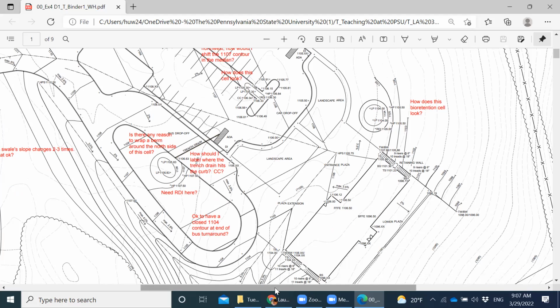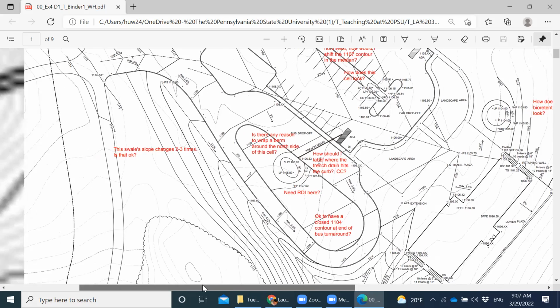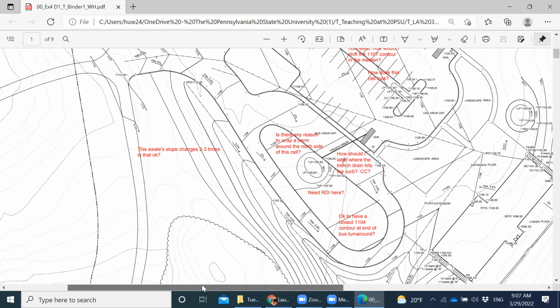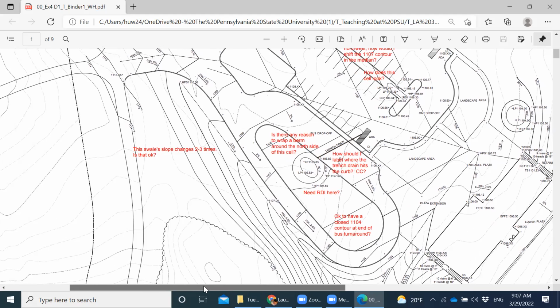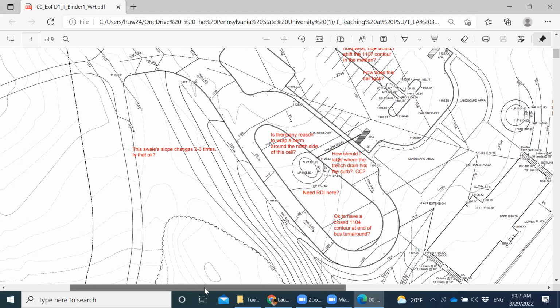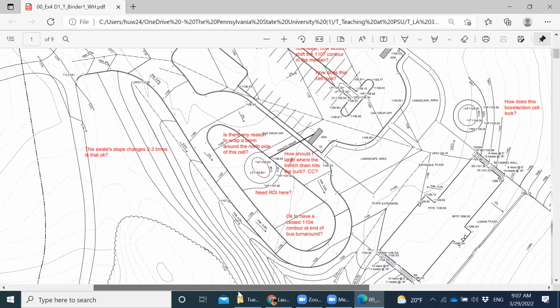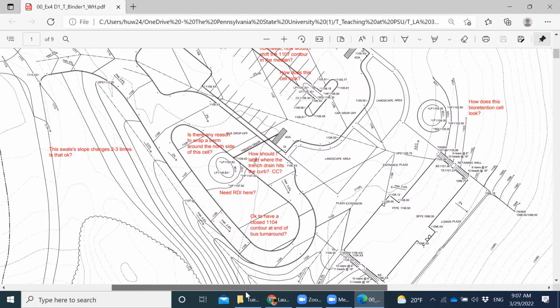Will I have a closed 104? Yes, you will have a closed 104 there. And swale slope changes 2 to 3 times? That's okay. You could also try to space them more evenly, but I don't think that's critical.